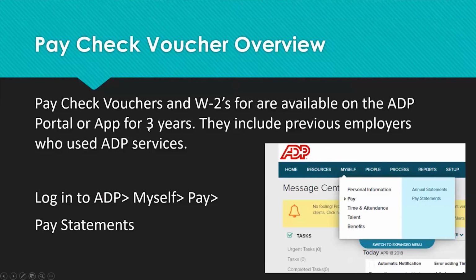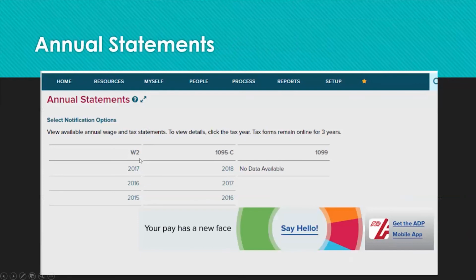For annual statements, you'll see the blue links of the years. It usually holds 3 years. I've been noticing it holds a little bit more now. And all you'll do is click into one of those and you'll get the W-2s for the corresponding year. It also gives you your 1095-C, which is just a form saying that you had insurance or not.